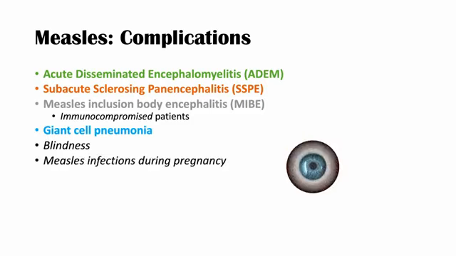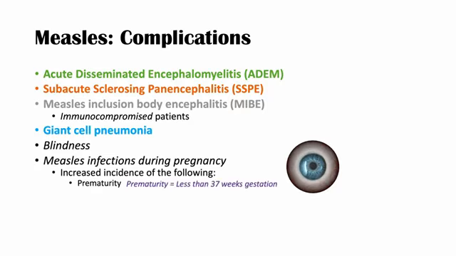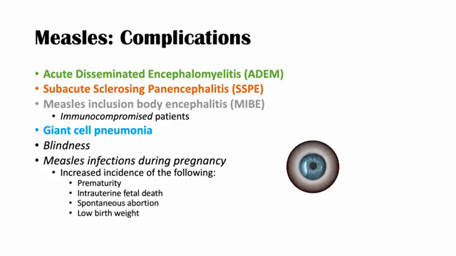And there are specific things that occur with measles infections during pregnancy. Some of these include an increased incidence of the following: having a baby born early, prematurity, intrauterine fetal death, spontaneous abortion, and low birth weight. So a lot of things can happen if a mother becomes infected with measles during pregnancy.